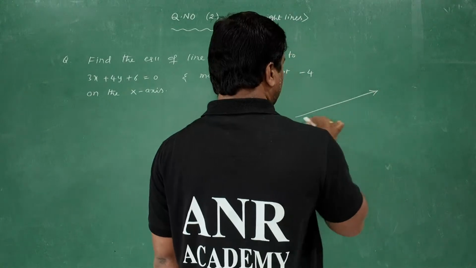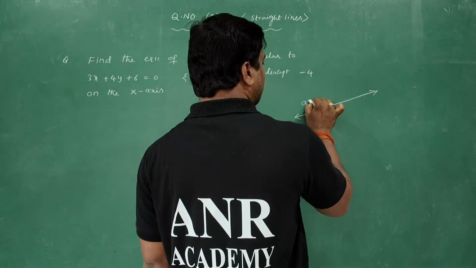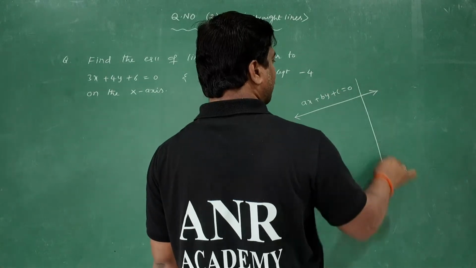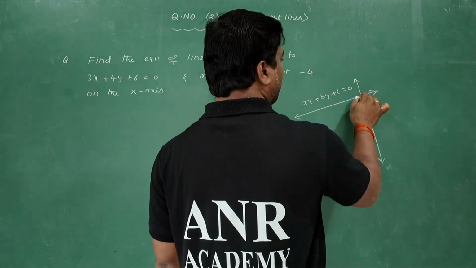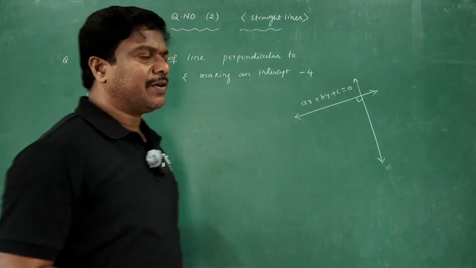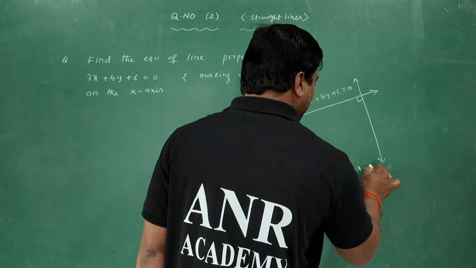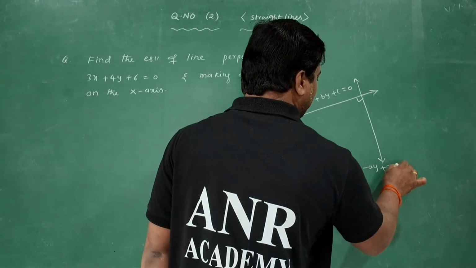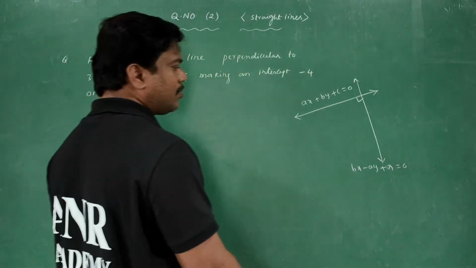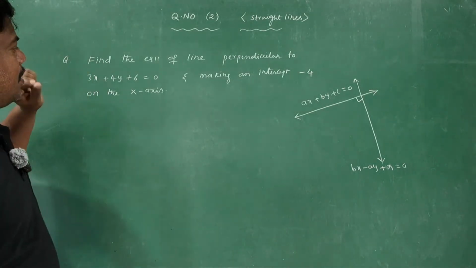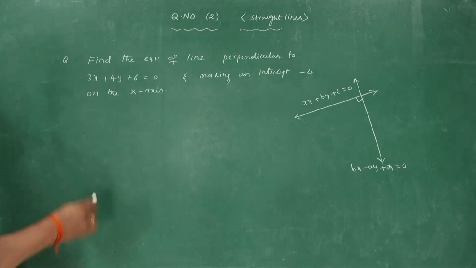Suppose there is a line whose equation is ax plus by plus c equal to 0. Then the line which is perpendicular to the given line, the required perpendicular line, is bx minus ay plus some lambda equal to 0. So using that you can find the perpendicular line here.